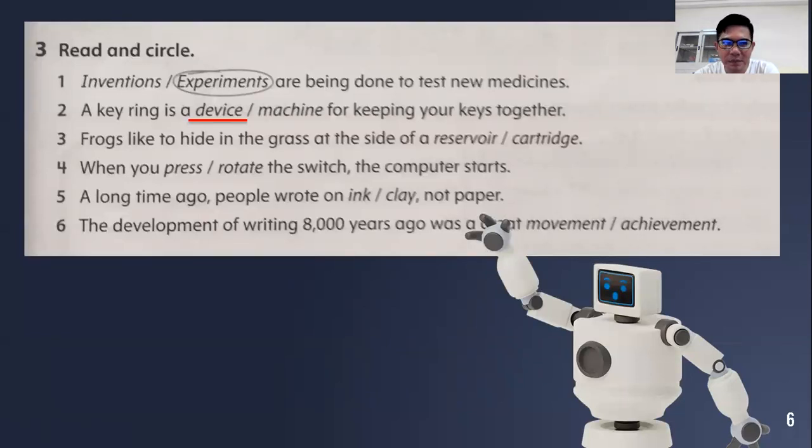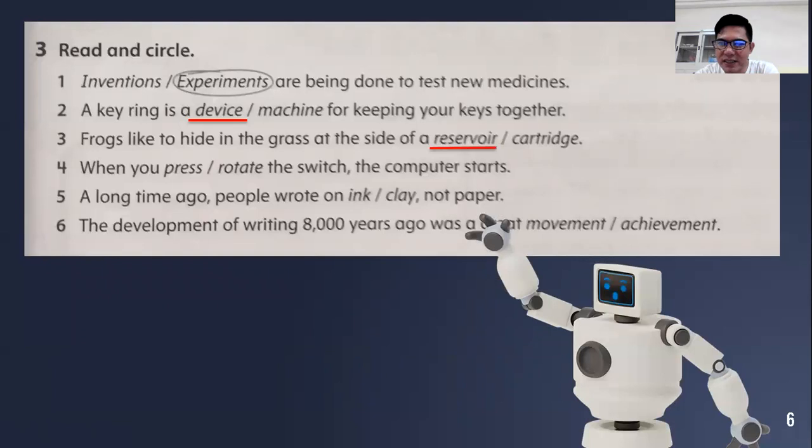Number 3. Frogs like to hide in the grass at the side of the reservoir, cartridge. What is your answer? Reservoir. Frogs like to hide in the grass at the side of a reservoir. Let's go to number 4. When you rotate the switch, the computer starts.